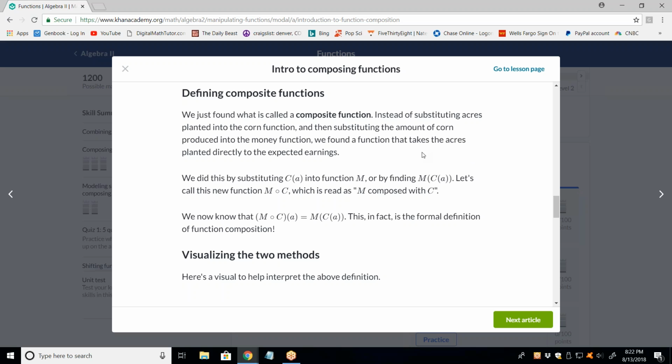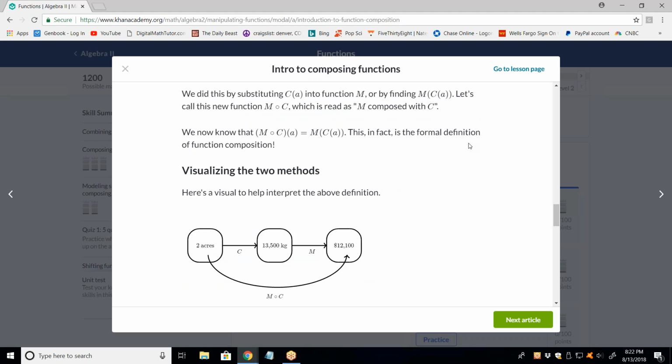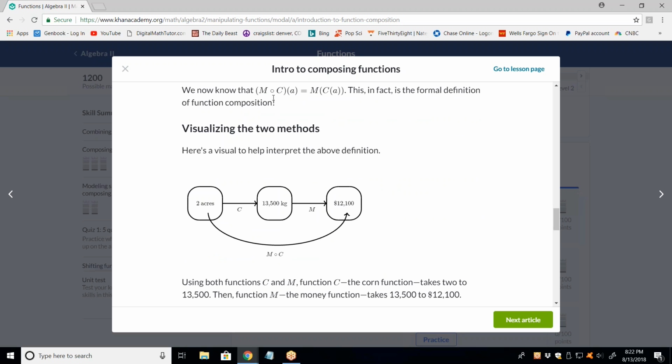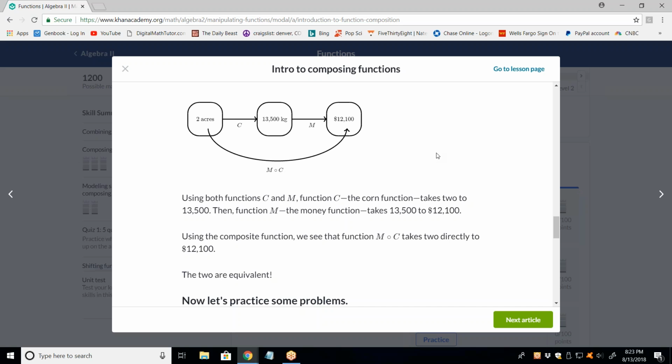So we have found a function that takes the number of acres planted and directly converts it to the amount of money we're going to make. So their notation here is M of C of A. That's how you say that. M of C of A. And notice all we do is we substitute C of A into the M function, wherever we see C.